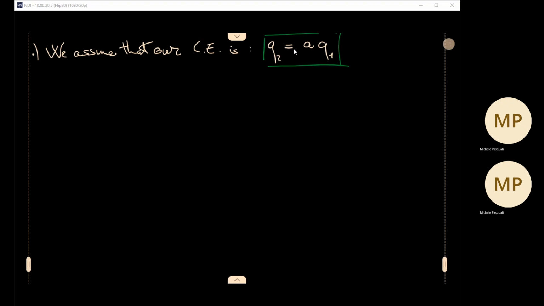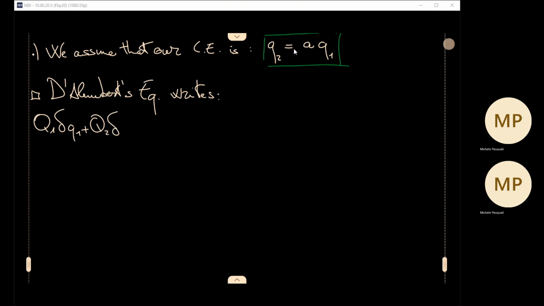I also make mistakes. So D'Alembert's equation writes as follows. Of course, Q1 delta q1 plus Q2 delta q2 equal, well, Q1 plus a Q2, all of this multiplied by delta q1 equals 0, right?